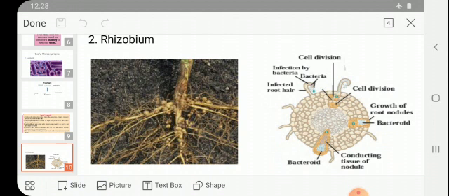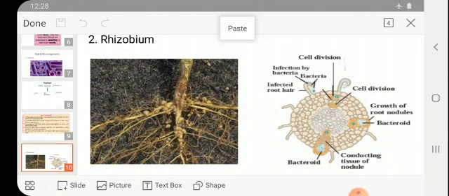This Rhizobium is a symbiotically living bacteria with leguminous plants. With the leguminous plants, important word, like beans, green peas and soybeans. Green peas, soybeans and beans are rich in these bacteria.